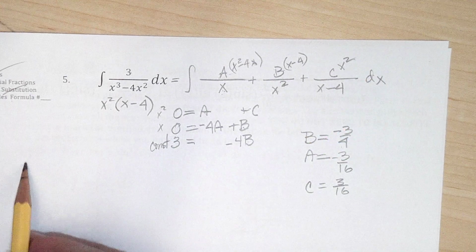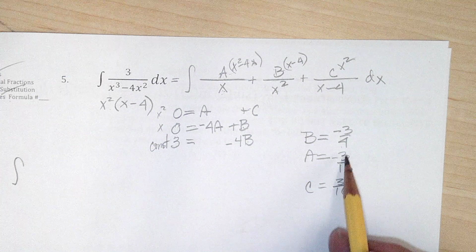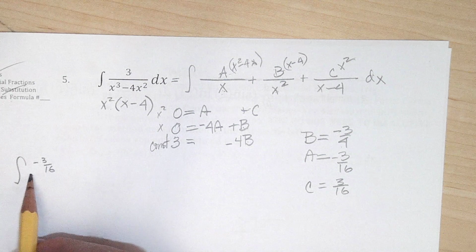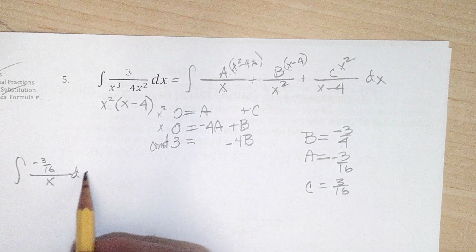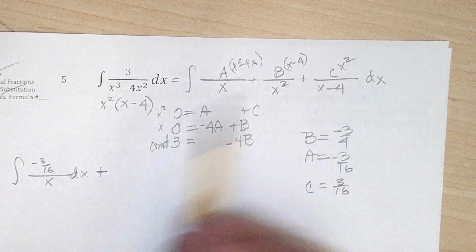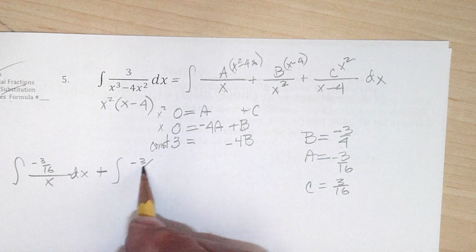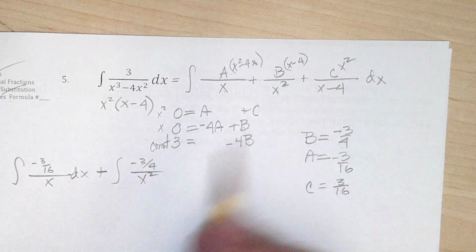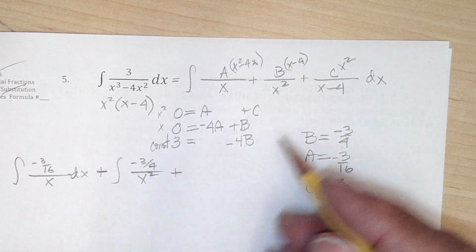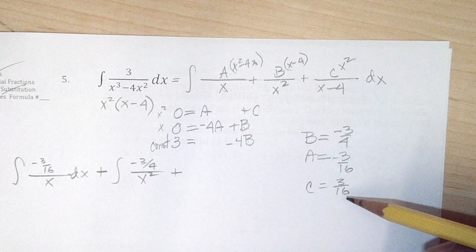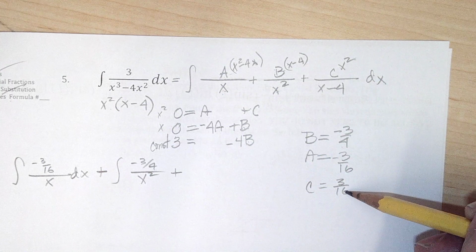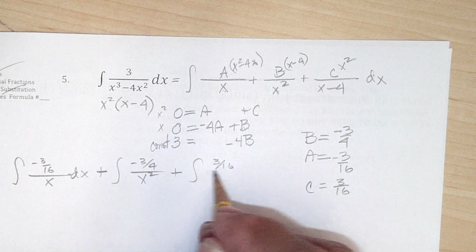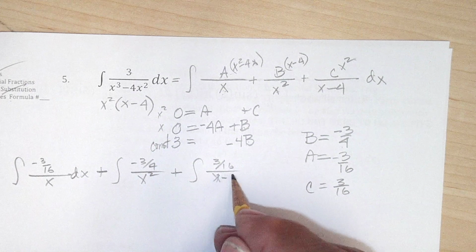So this becomes the integral of -3/16 over x, plus -3/4 over x squared, plus 3/16 over x minus 4.